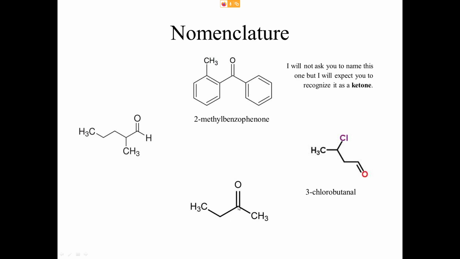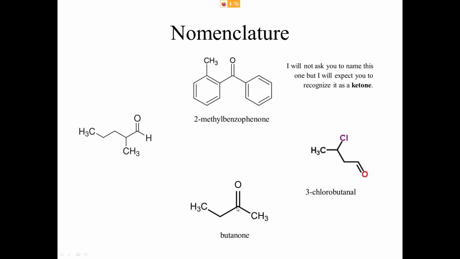It's not necessarily number 1, like aldehydes are. What's the longest chain that must include this one? Butane, 4 once again. I'll change the ending to one, so it becomes butanone.